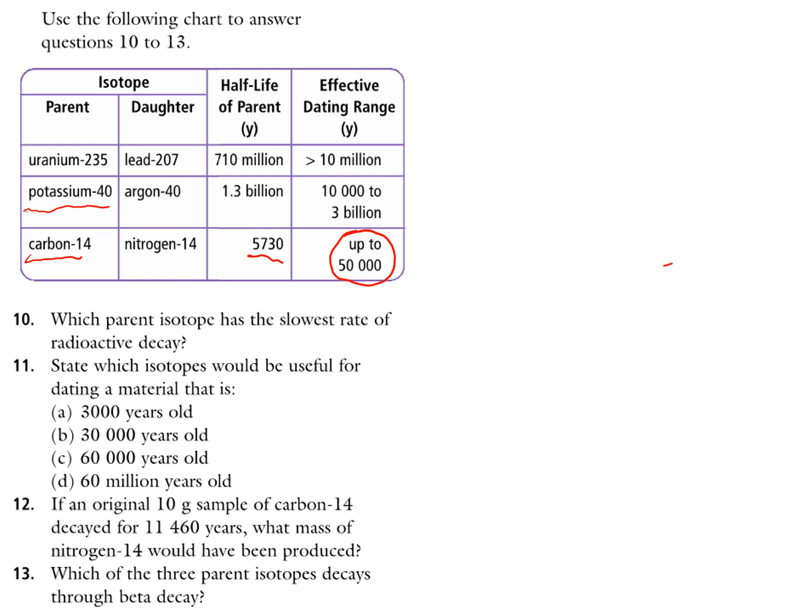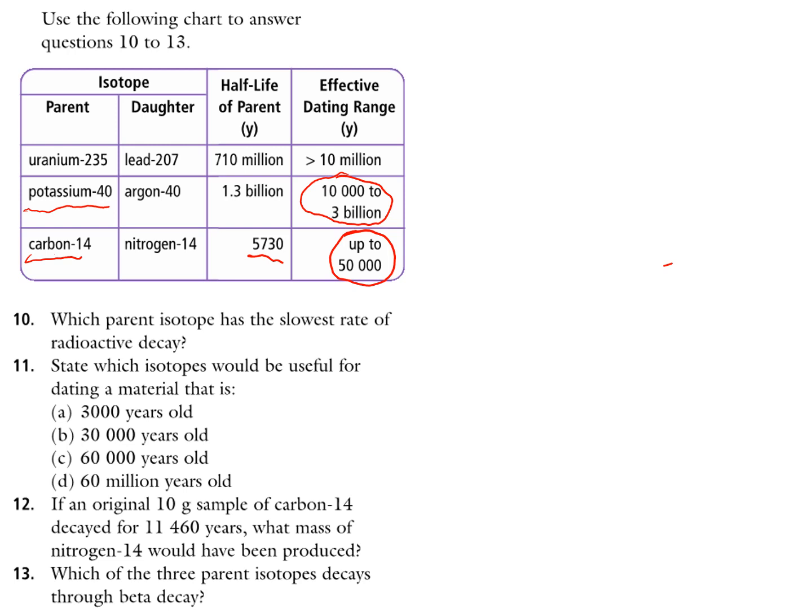Now, potassium has a half-life of 1.3 billion years. The effective dating range for potassium dating is for things that are greater than 10,000 years old and up to 3 billion years old. Okay? The Earth is only 4.5 billion years old, so potassium dating is really useful for that kind of stuff.